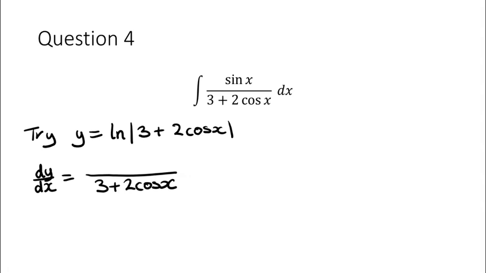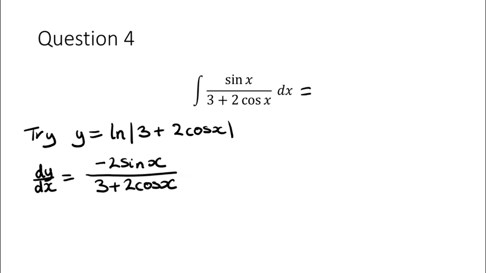So differentiate 3 plus 2 cos x. That gives us minus 2 sine x. So we almost get what we started out with, what we were trying to integrate in the first place. So what I'm doing there is differentiating to see, if that was the answer and I differentiated it back, do I get what I started with? Almost, but not quite. So we're going to need to adjust our coefficient of natural log to compensate for this.